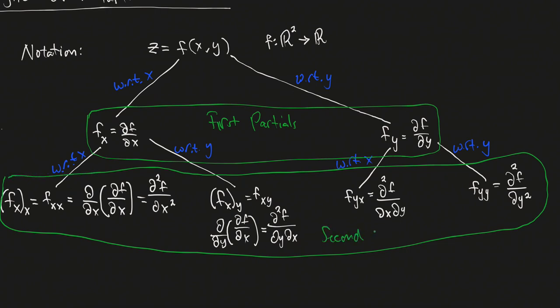So we got 4 of them, right? The ones in the middle, like these, where it's first with respect to one variable and then with respect to the other, these are called mixed partial derivatives. So these are mixed partials.